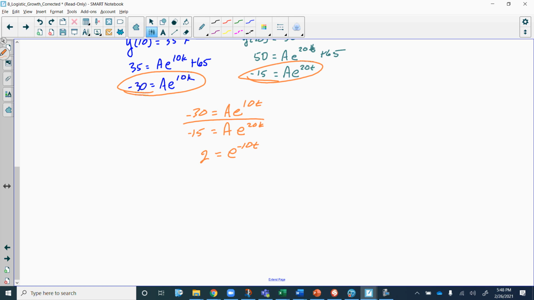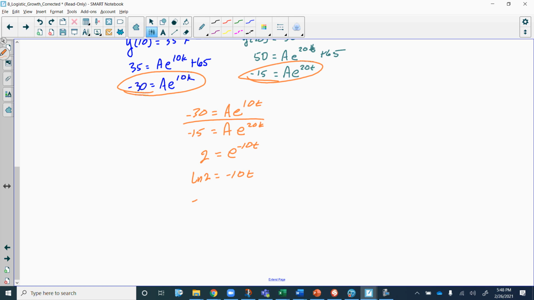And this is where I can exponentiate to find the value of k. So here I'm going to wind up with the natural log of 2 equal to negative 10k. So divide the natural log of 2 by negative 10.